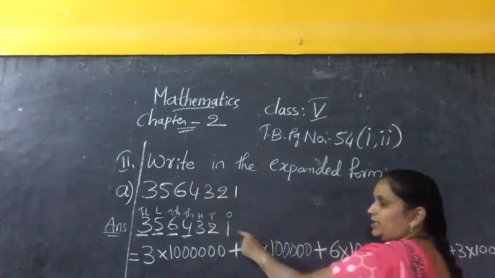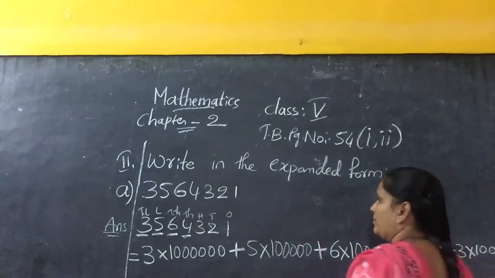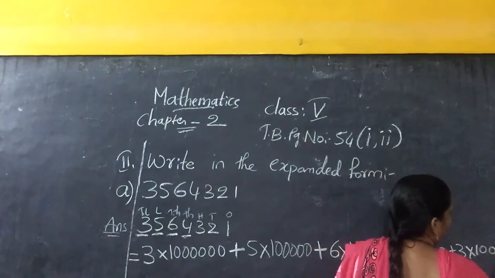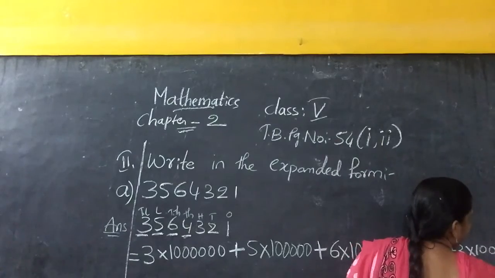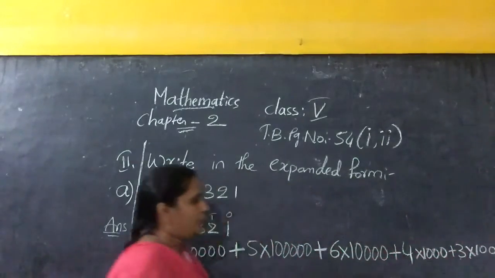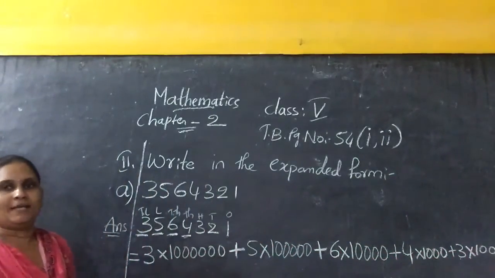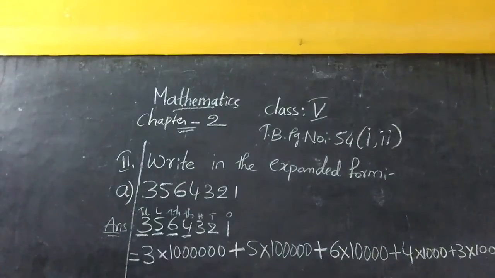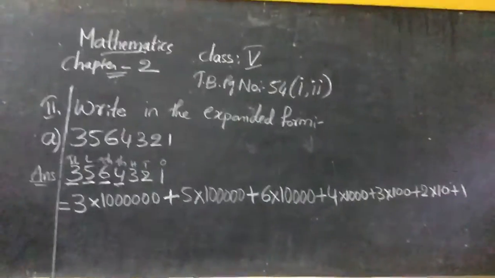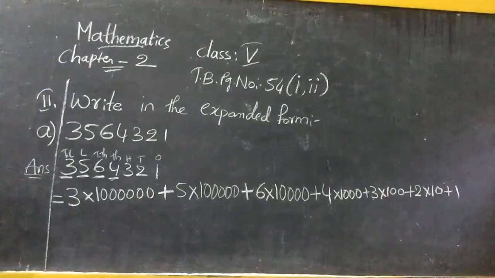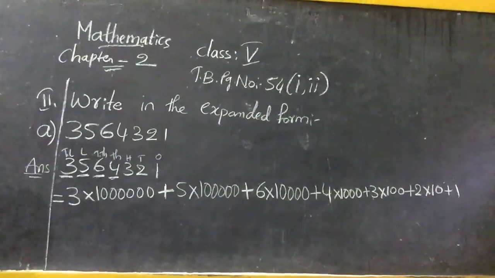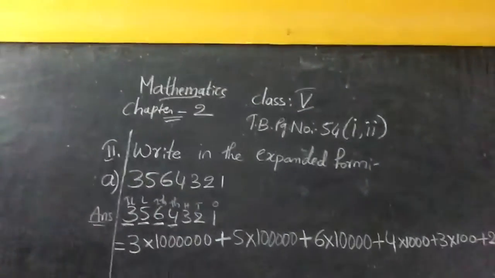Plus 2 into 1, 0, that is 10. Plus 1. Copy it neatly, children: 2 into 10 plus 1.